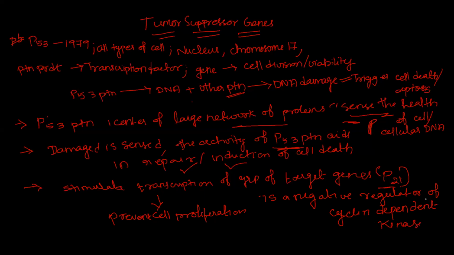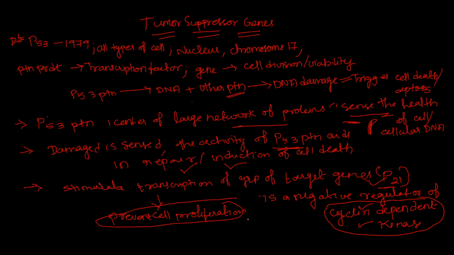This is very important. Cyclin dependent kinase is an enzyme which is important for the cell cycle and cell division, right? So in case there is damage, what will happen? That will prevent cell proliferation by P53.